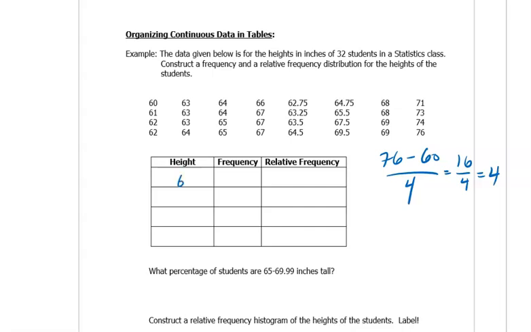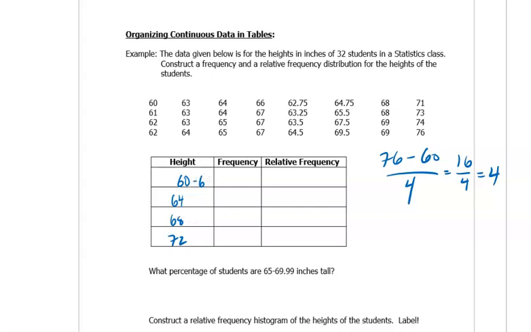We need to start with the lowest value of 60, so the next one will be 64, and then 68, and then 72. And they're going to range up to, notice here the continuous nature of these ones, this is going to go up to just before 64. But we don't want to stop it at 63, because then anything between 63 and 64 is not going to be inside of any of the classes.